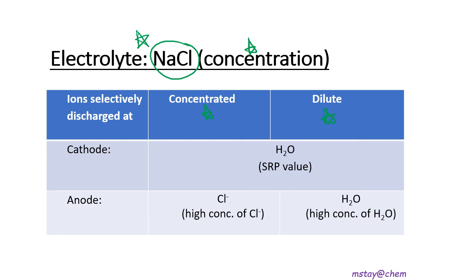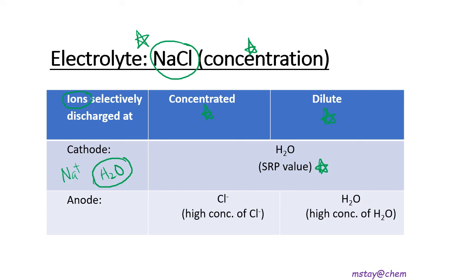So now we want to know what are the ions that will be selectively discharged at the cathode. Both Na plus and H2O are attracted to the cathode. However, only H2O will be selectively discharged at the cathode due to the SRP value.